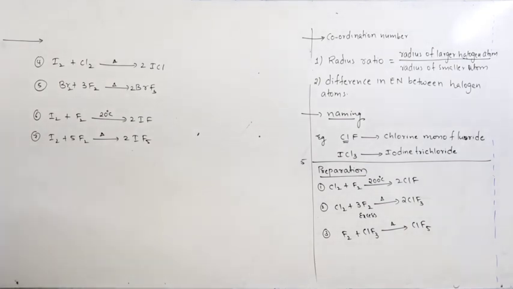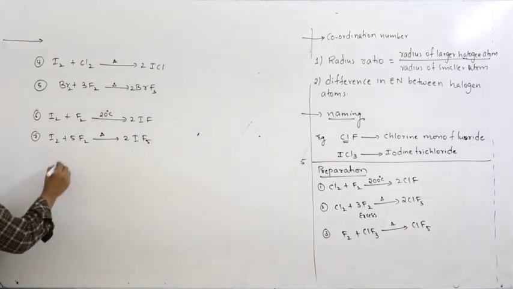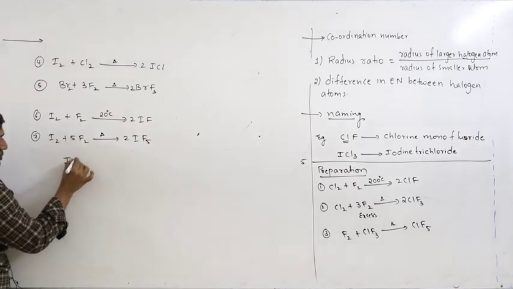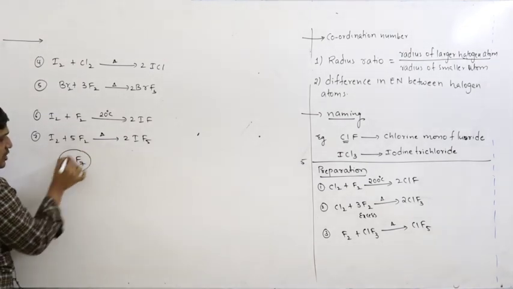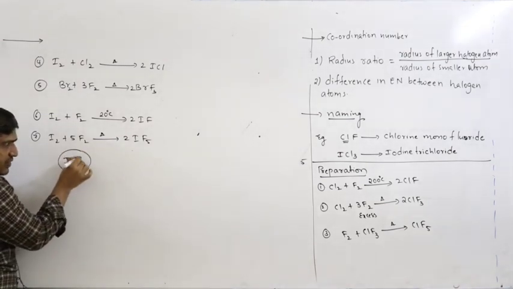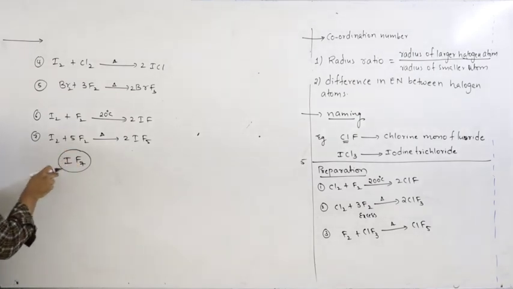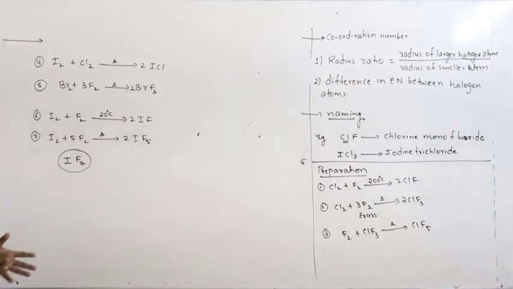Only iodine forms IF7, because to accommodate 7 fluorine atoms, the size of the central atom should be large enough. That is only possible for iodine.